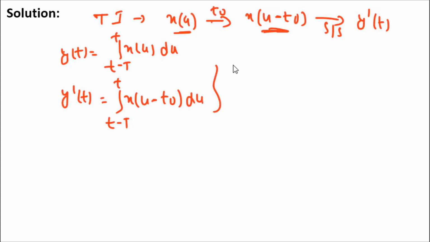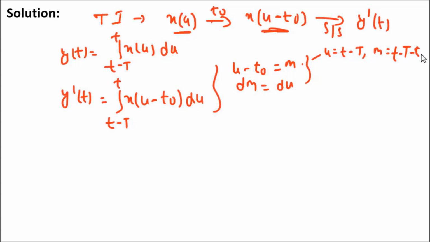Now in this you put u minus t naught equal to m, then dm equal to du, and the limit of this m becomes, when u equals t minus capital T, m becomes t minus capital T minus t naught.